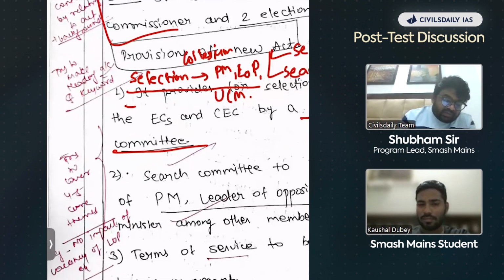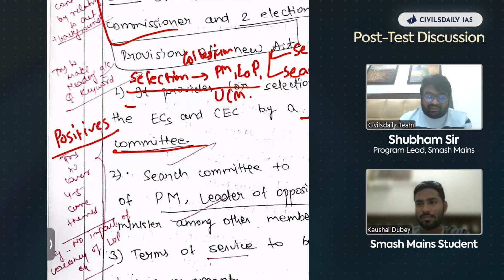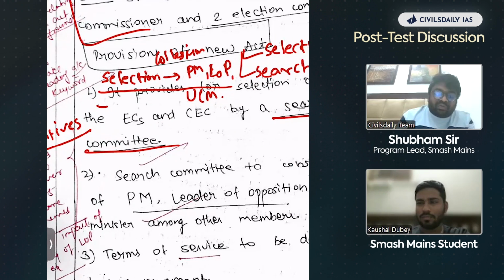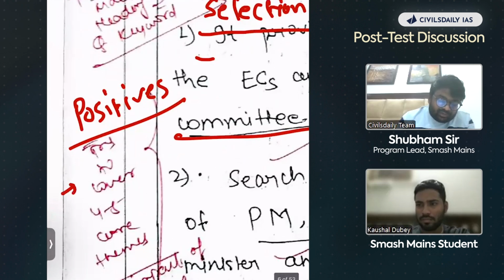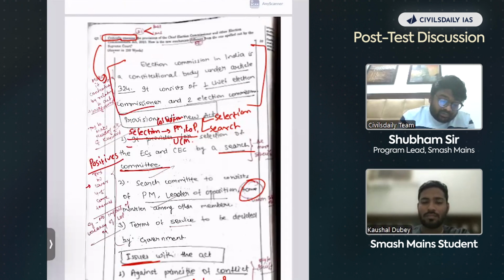Right. So for positives you can simply give points like, yes, whatever the provisions are there. From those provisions, you can simply derive the positives. Earlier, only the government used to appoint. Now, the leader of opposition is also there. That means the greater credibility.